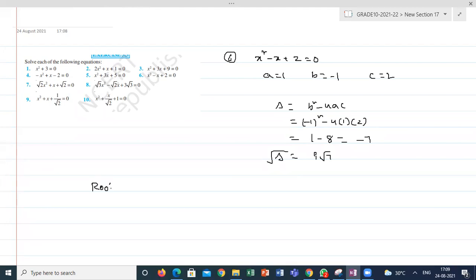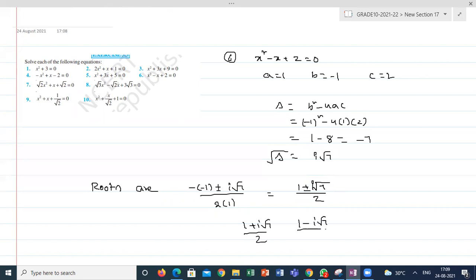The roots are minus B plus or minus root delta, that is i root 7, by 2A. This will be 1 plus or minus i root 7 by 2. 1 plus i root 7 by 2, 1 minus i root 7 by 2. This is how we can do this question.